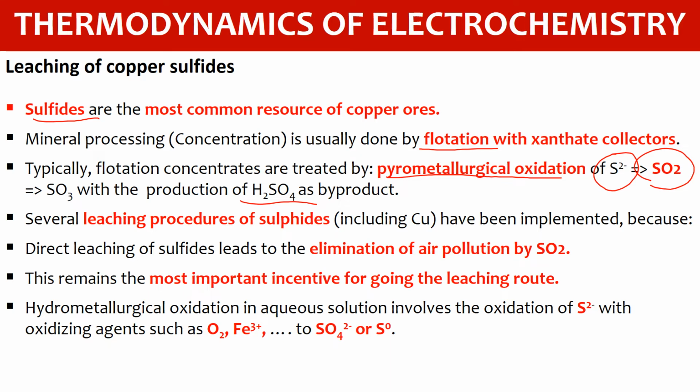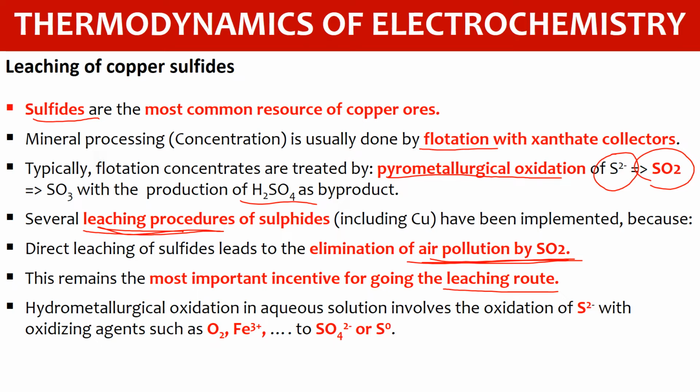Right. So there are several leaching procedures for these sulfides that have been proposed. Why? Because when you do leaching, you have eliminated the production of SO2 gas. This is one of the most important reasons, environmental reasons, why you should follow the hydrometallurgical route for processing these sulfides.